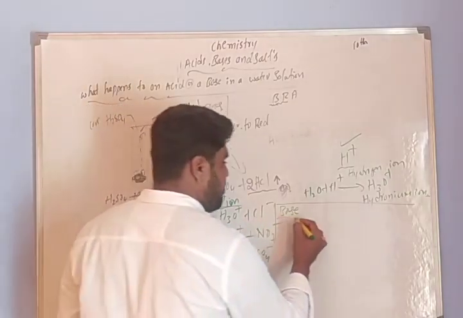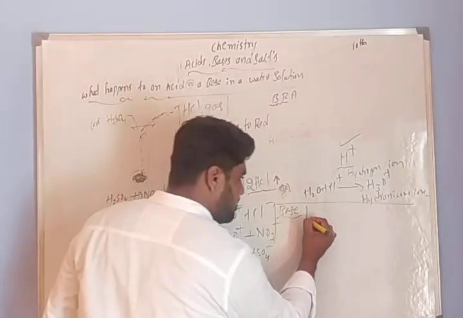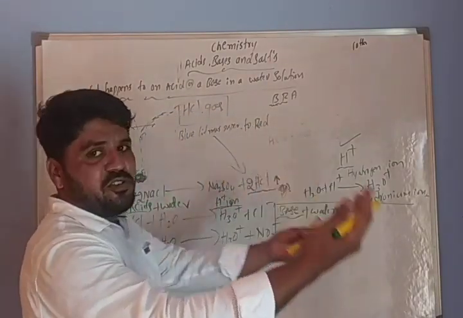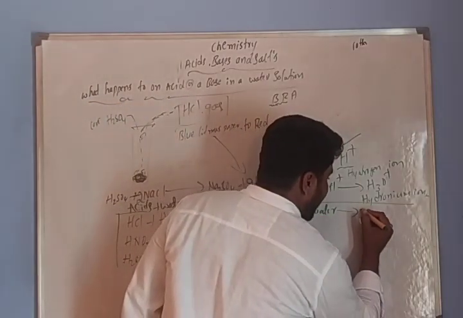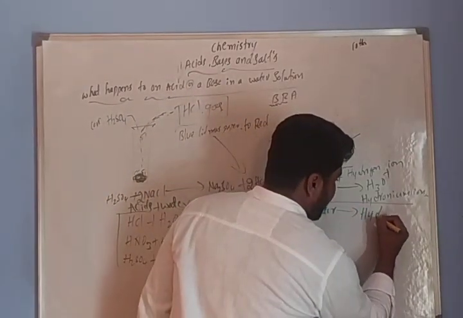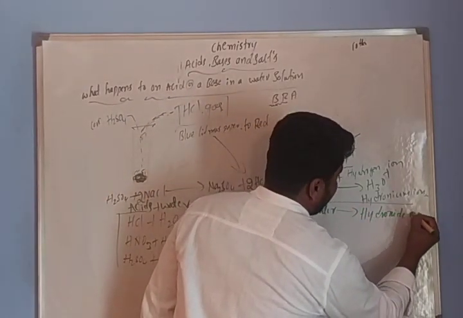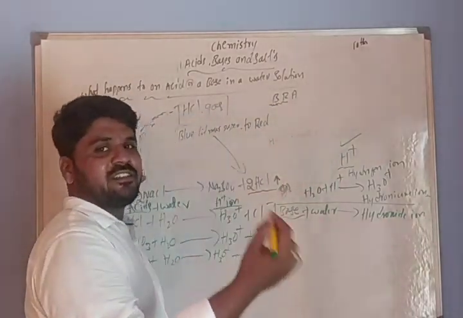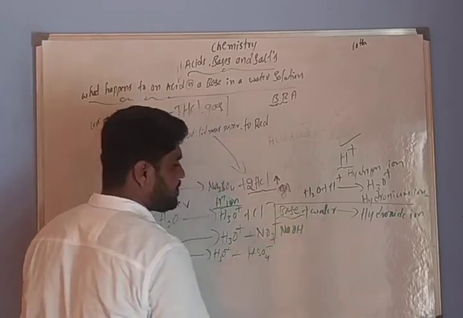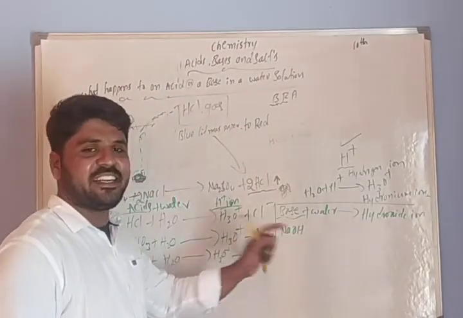Next, in the same way, when bases react with water, it produces hydroxide, that means OH ion, hydroxide ion. Let's take the example base, that is NaOH. This is a base.